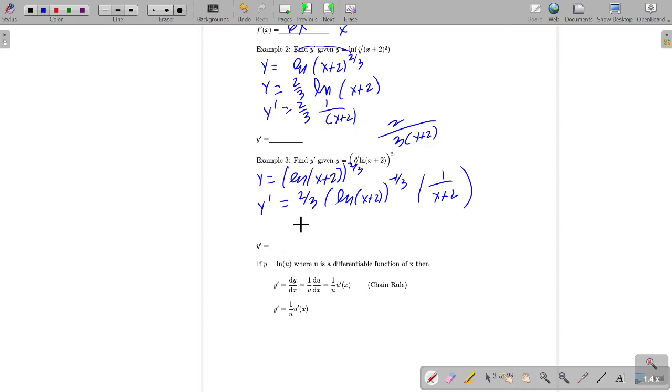So simplifying this, we could have 2 in the numerator, 3 times natural log of x plus 2 to the 1/3, and then we'd have x plus 2 there.